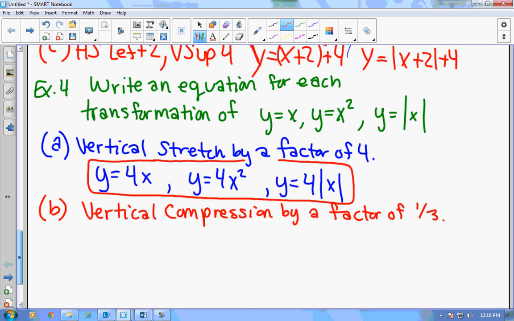Yeah? Yeah. Okay, who was up here last? It was Lee. Lee, pick a boy because we've had only girls go up to come write the 3 vertical compressions by a factor of 1/3. Oh, Aaliyah, that's right. Sorry.